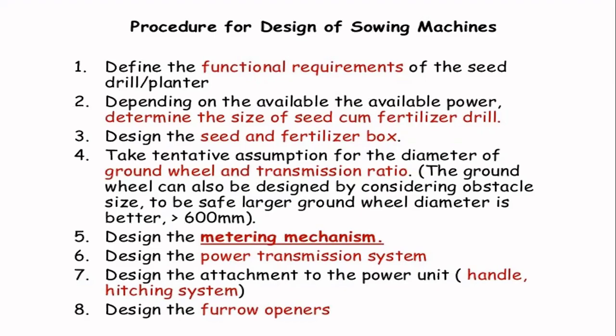Another wheel is there to compact. Put the seed, put the soil back: that is the furrow closer. The furrow opener digs or opens, removing the soil. The furrow closer should put the soil again in the same place, not the same soil, whatever soil, and the final wheel compacts. So, 10.